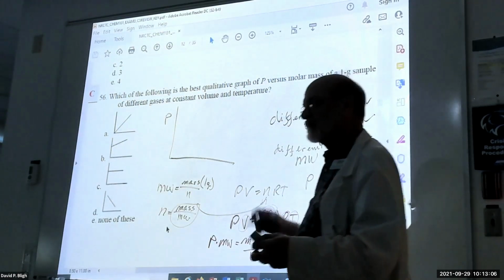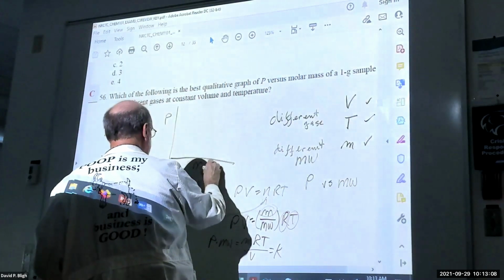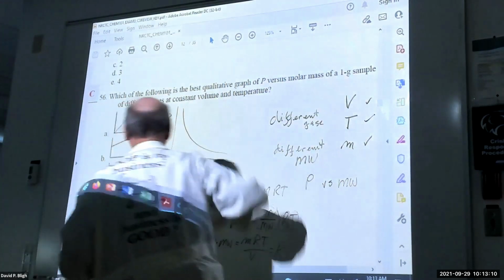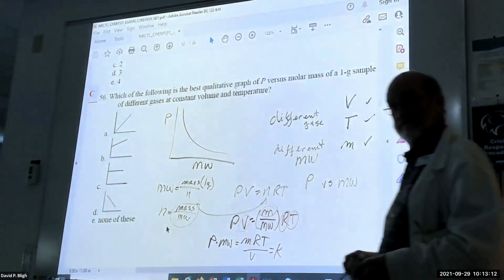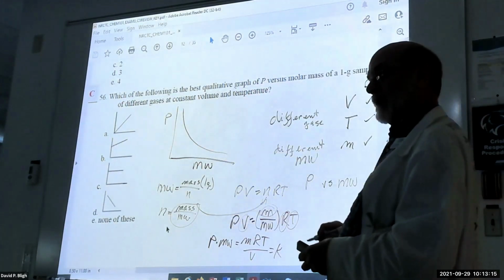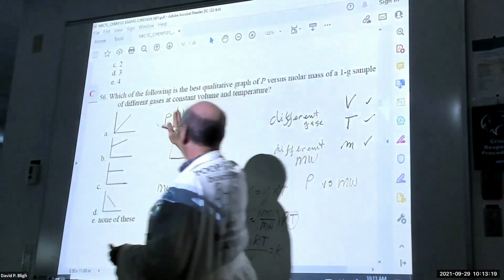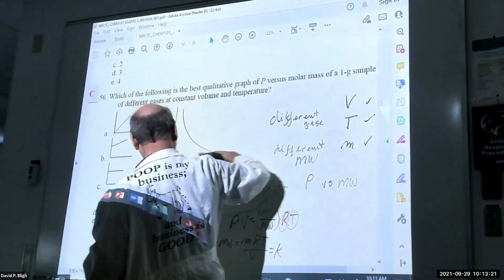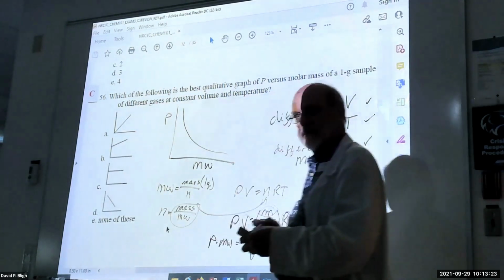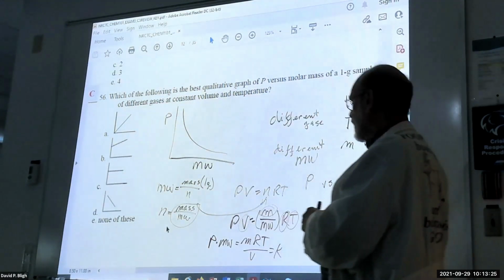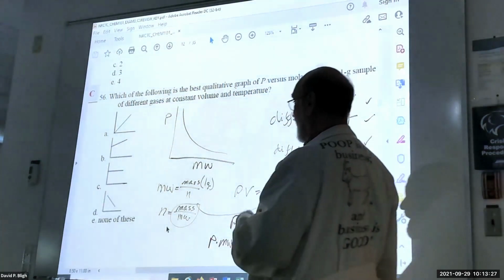Hyperbola. It's going to look like that, right? Negative slope. The negative slope changes; the instantaneous slope would be like this here and like that there, but it's still negative. So do we have any of those that look like that?